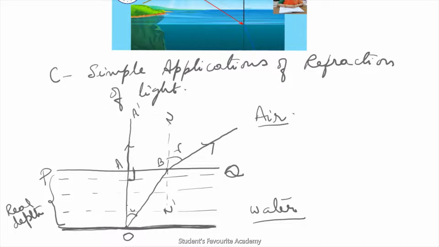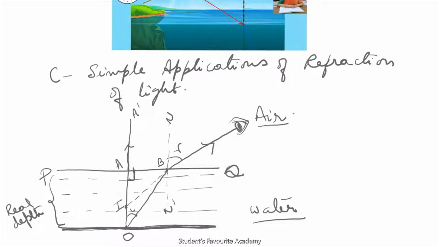Now, if you view from here, then what will happen? You will feel as if the light ray is coming from the image of the object. Why? Because when you produce the refracted ray backwards, it will meet the other light ray OA, and at this point the virtual image I of the object O is formed.